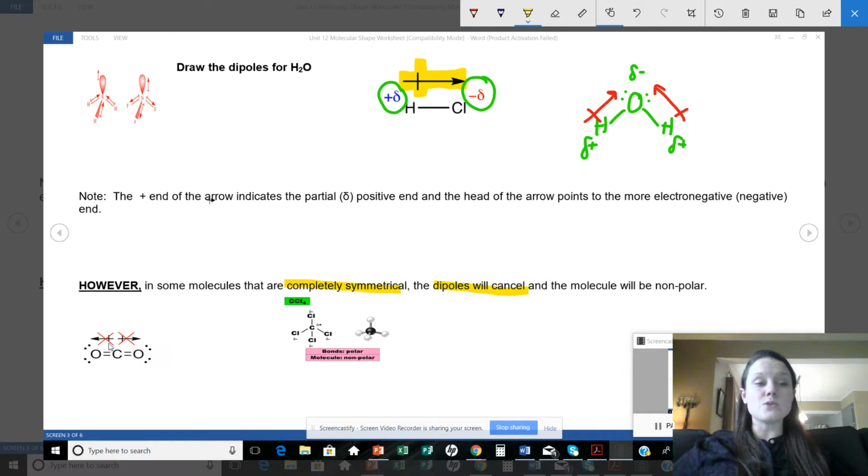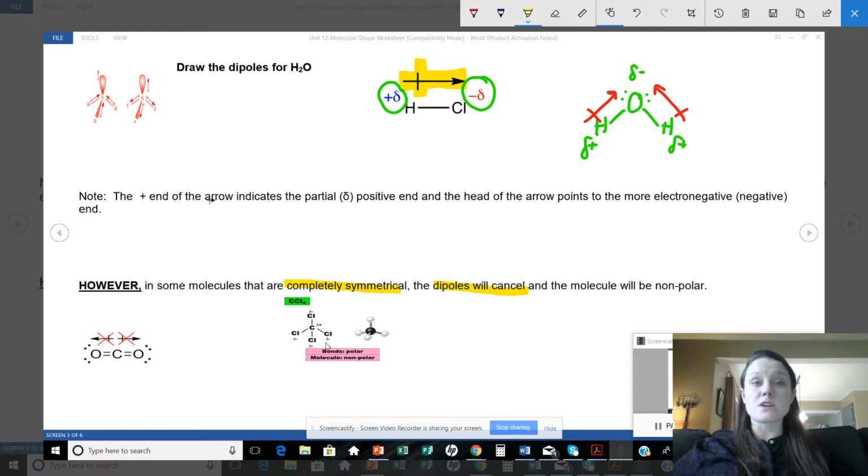However, because you have one dipole pointing to the left and then a second dipole of equal and symmetrical strength pointing to the right, those dipoles cancel out. So even though the bond itself is polar, the whole molecule ends up being nonpolar because the dipoles cancel.